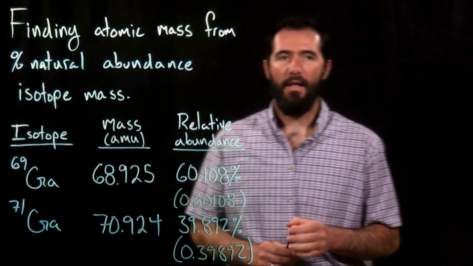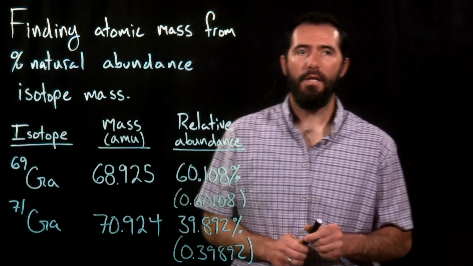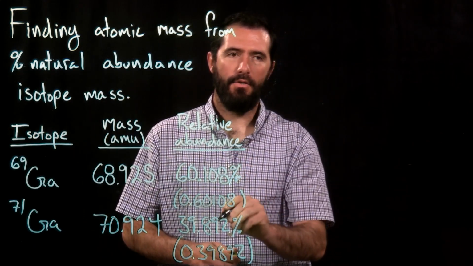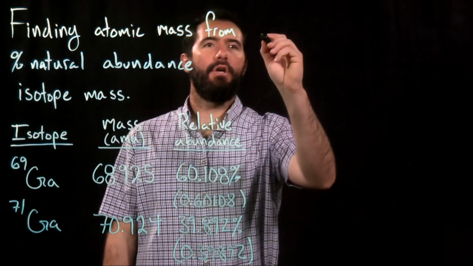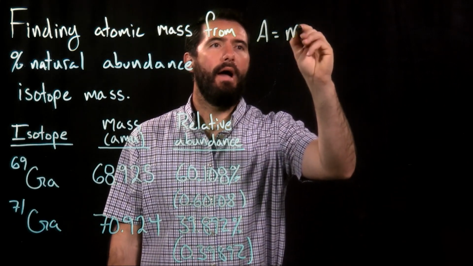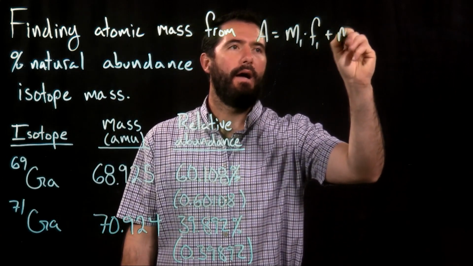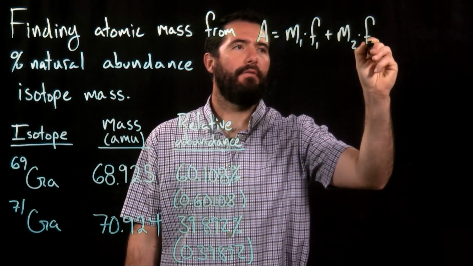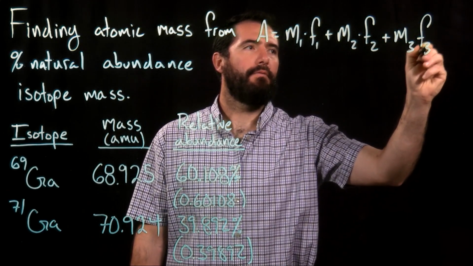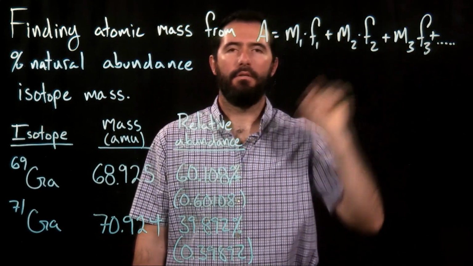So to calculate the average mass of a gallium isotope, we need to use the weighted average of these two mass values and those fractional abundance values. The general equation for that is the atomic mass, given the symbol A, is the mass of one isotope times its fractional abundance plus the mass of a second isotope times its fractional abundance plus the mass of a third isotope times its fractional abundance, and on for as many different isotopes as we have.